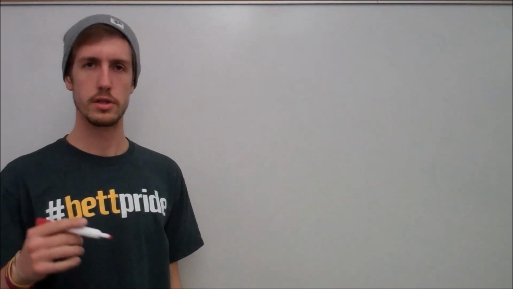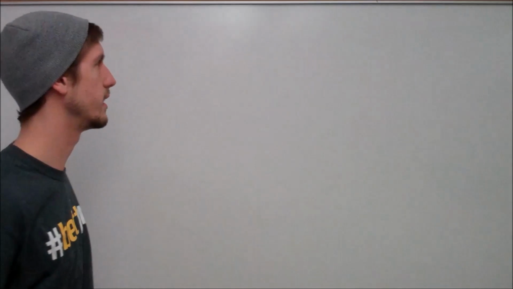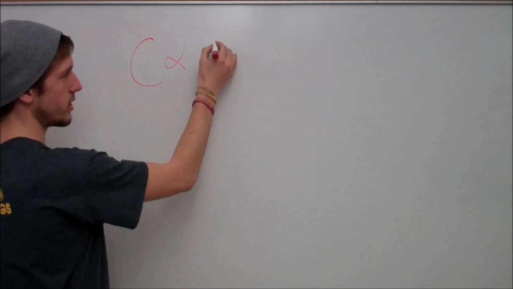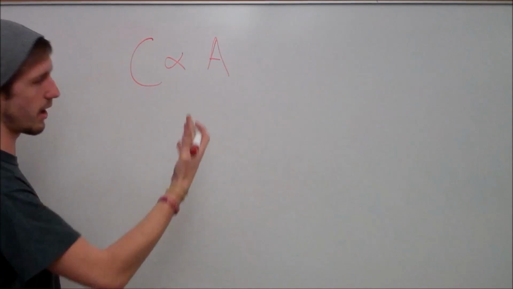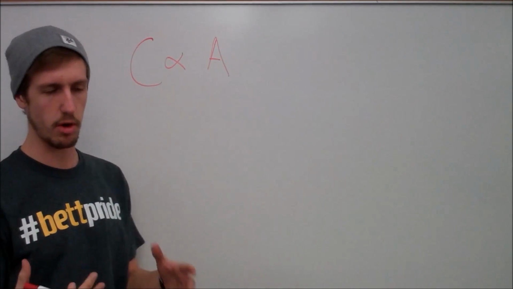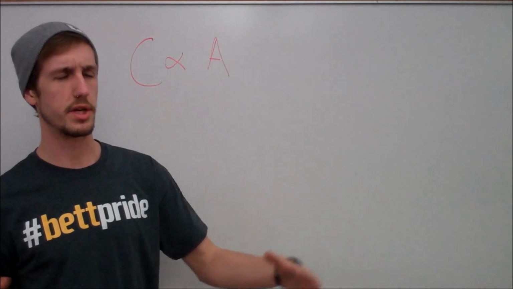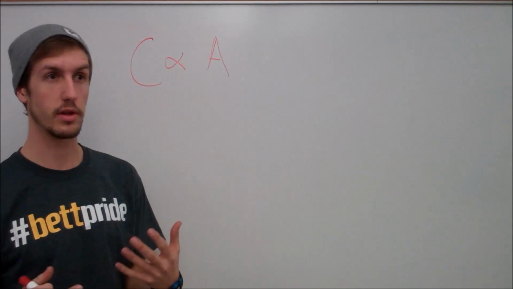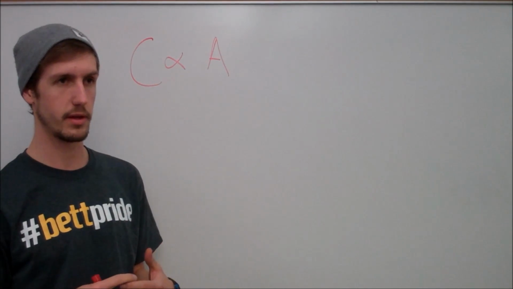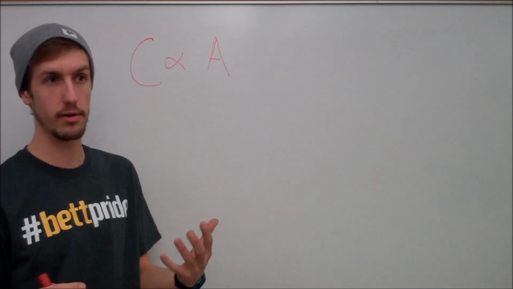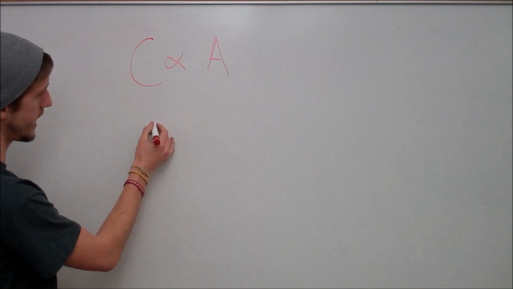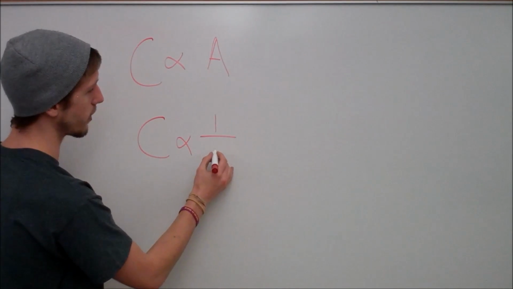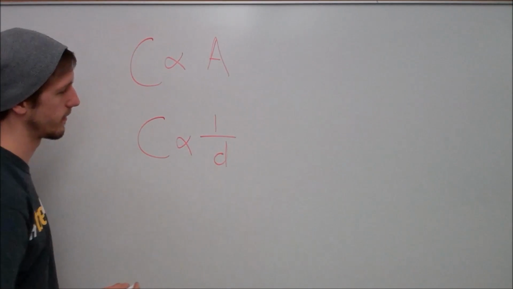So if I were to look qualitatively at this, the capacitance is directly related to the area. As area increases, as I go from my small classroom to a gymnasium, my capacitance increases. I guess you could think of it as capacity, right? The maximum capacity would increase with more area, as well as capacitance is directly related to 1 over the distance.